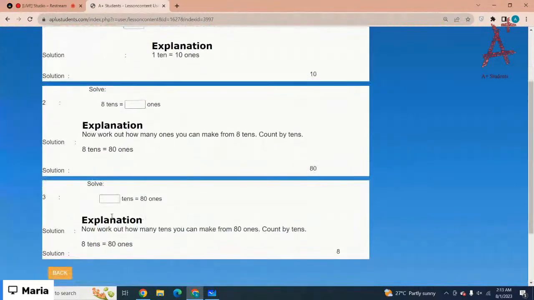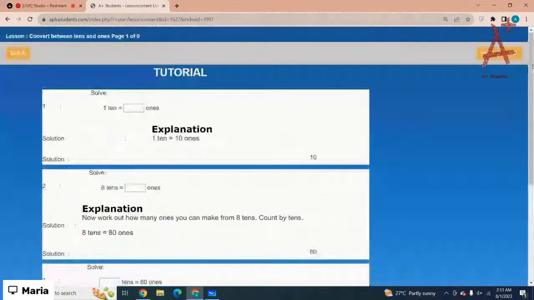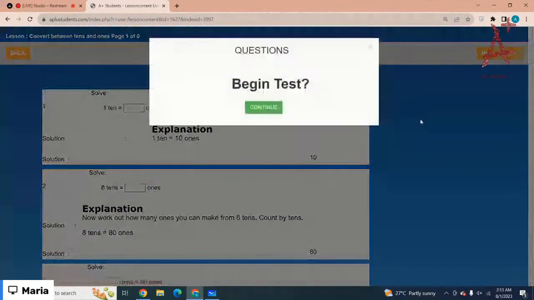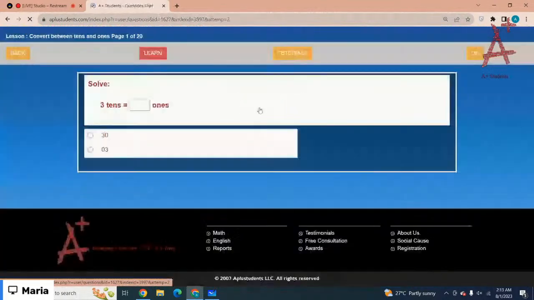Okay, the next one is 80 ones equal how many tens? Let's just start with the practice questions. 3 tens equal how many ones?